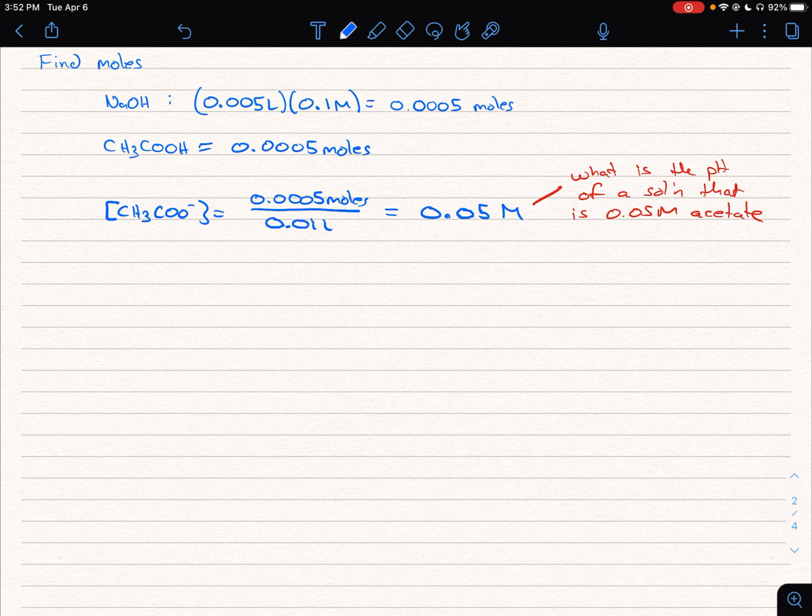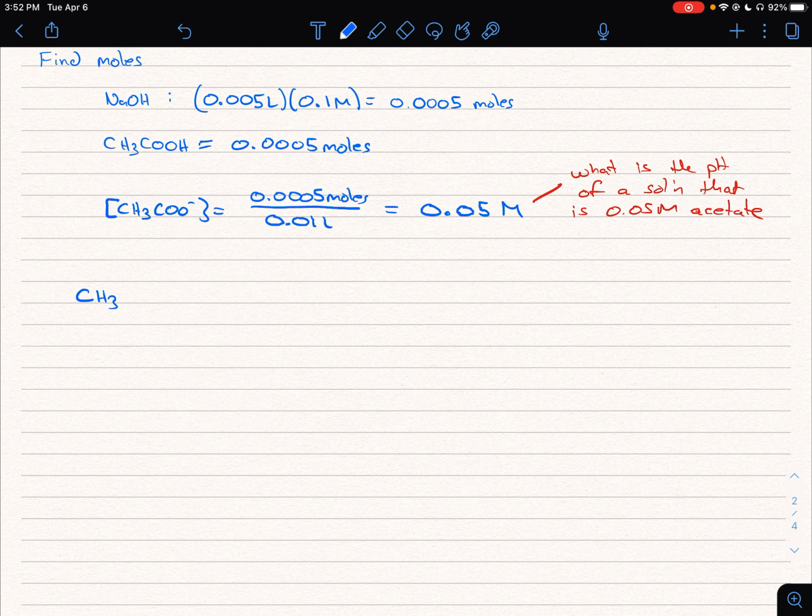We're going to start by writing a chemical equilibrium, because now we have a weak base, starting with our acetate. Weak base plus water goes to acetic acid plus our hydroxide. In this weak base equilibrium, Kb is equal to CH3COOH times hydroxide over our acetate.